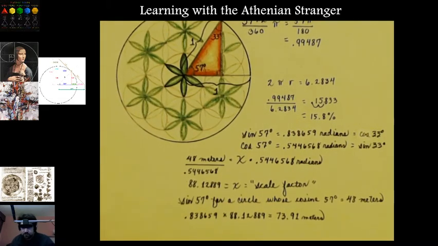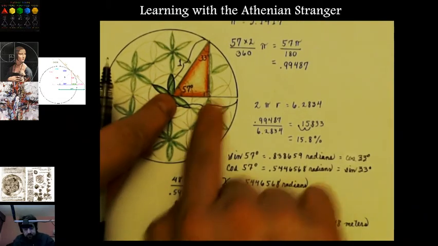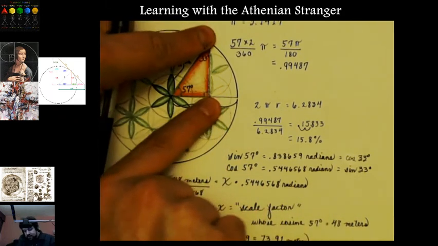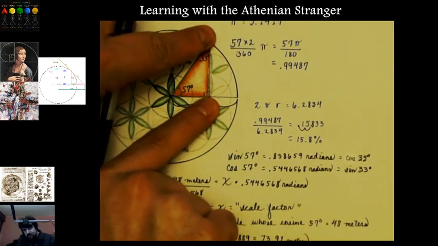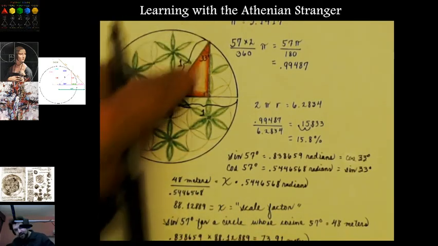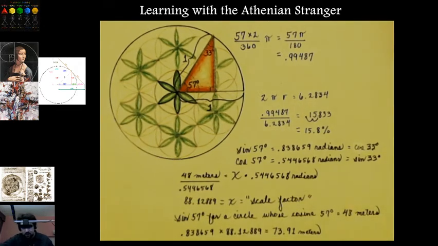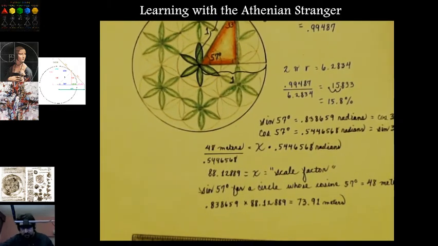So now we know this distance is 48 meters. That was given to us. And now we know this distance is 73.91 meters. So now we need to find the hypotenuse. That's what I said. I don't want to use that word. I want to use the radius. Okay?